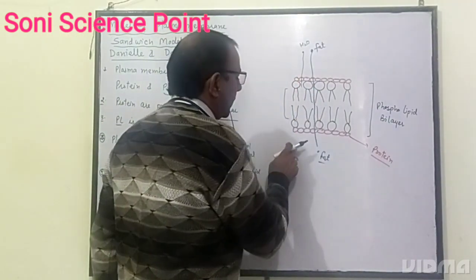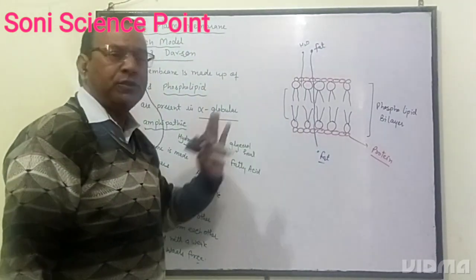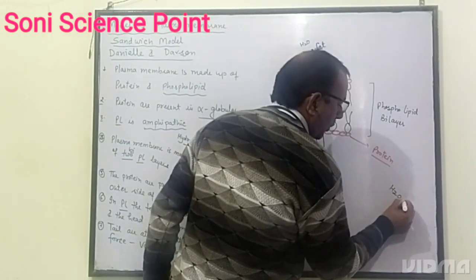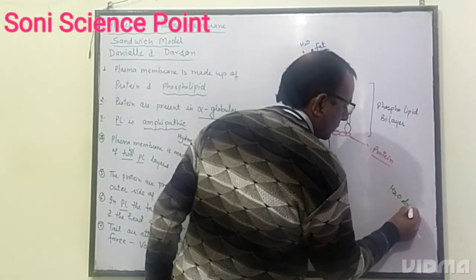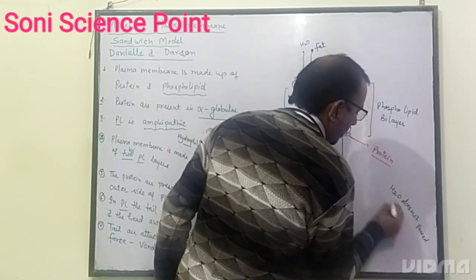So water molecules cannot pass through it. So we can say that this doesn't match the properties of the plasma membrane. This is the first one. Water molecule doesn't pass through it.